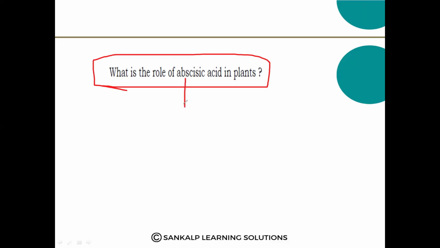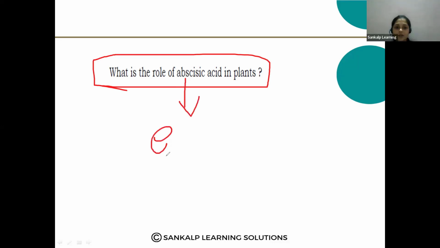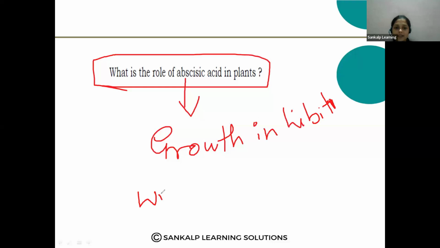So abscisic acids are called growth inhibitors, right? They are growth inhibitors, meaning they control the growth of the plant. They also cause the wilting of the leaves.